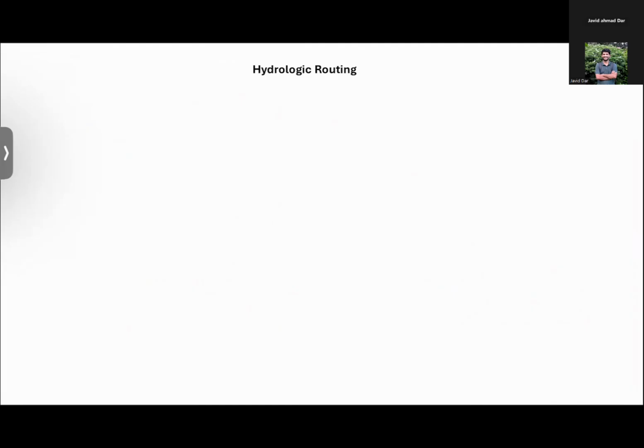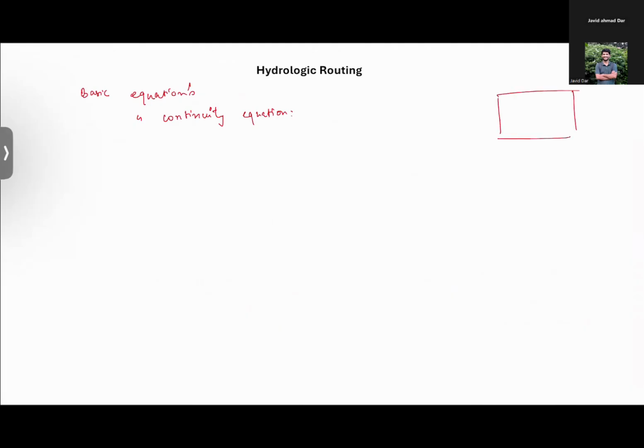So we first will start with the basic equations. Let's say we know the continuity equation. You have some storage, let's say a watershed or channel. You have some inflow into this and some outflow from the system.